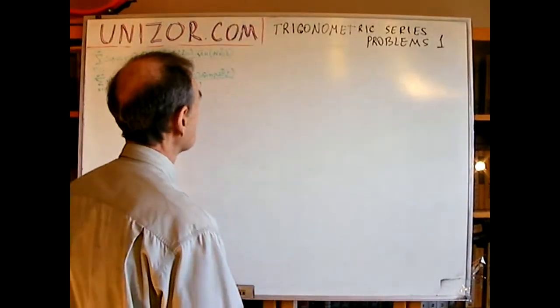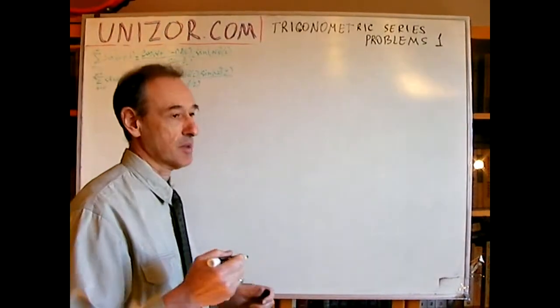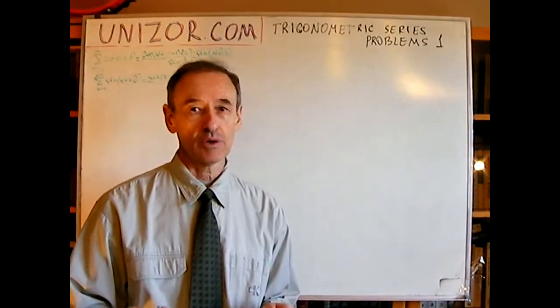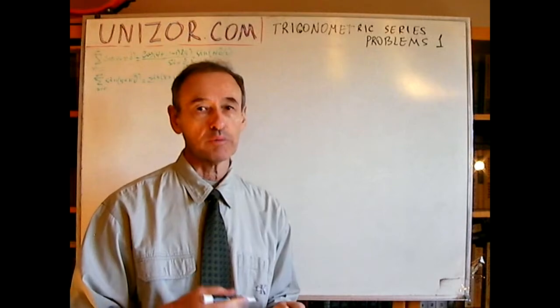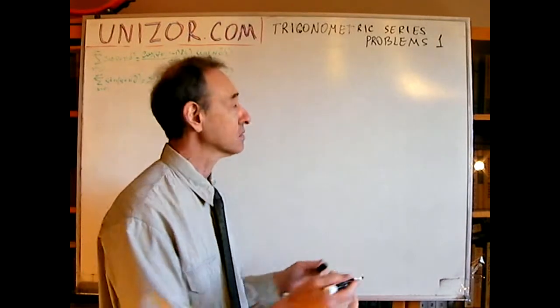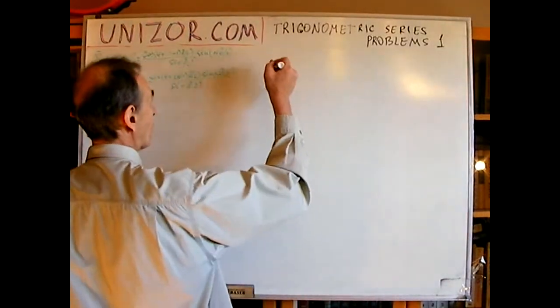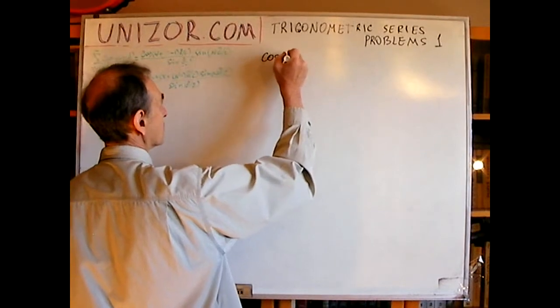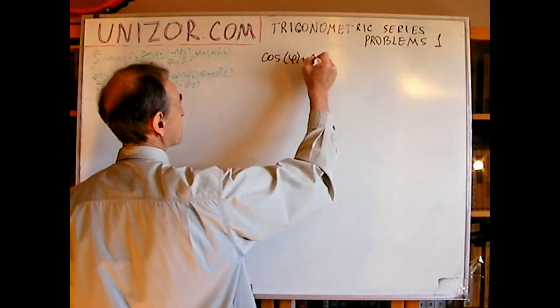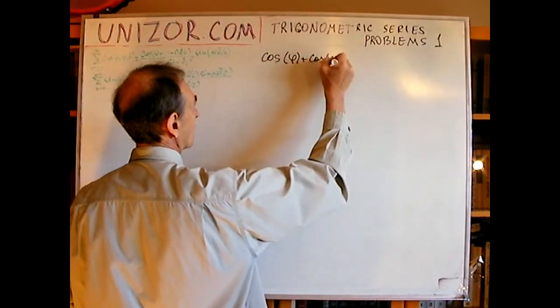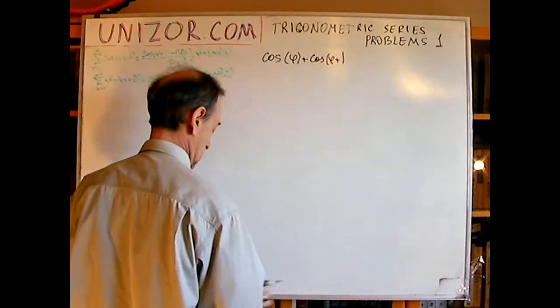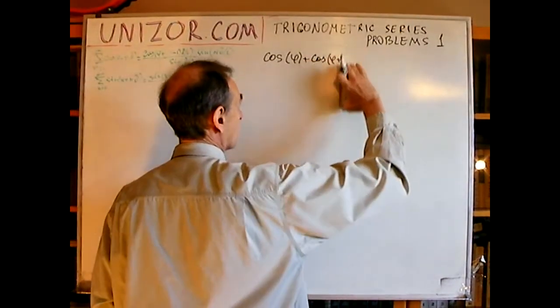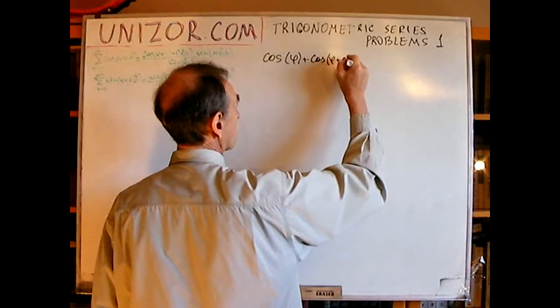So, the first problem was about the sum of cosines, and the second problem was about the sum of sines. So let's start with the cosine. We have a problem of summation of this particular series.